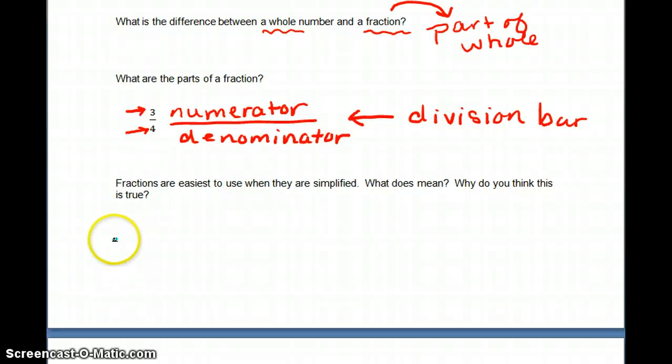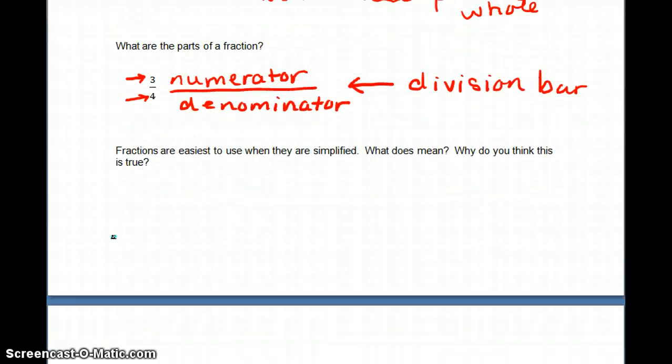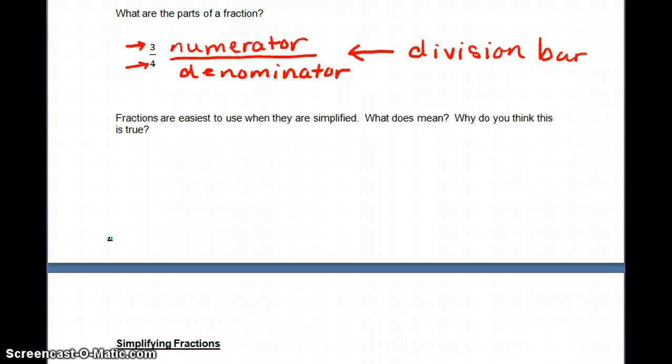Now, fractions are easiest to use when they are simplified. What does that mean? What am I talking about when I say that a fraction is simplified? And why do you think that's true? Take a minute to think about the answer to that question.